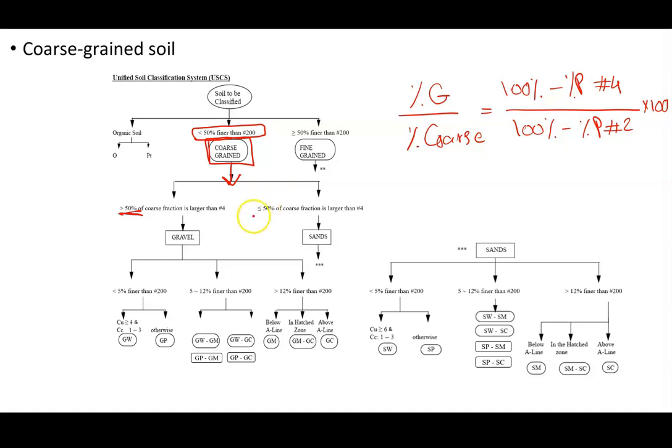But if it's less than 50%, it means that our soil is mostly sand. So if it's gravel, then you need to follow this step. But if it's sand, then you need to go here.